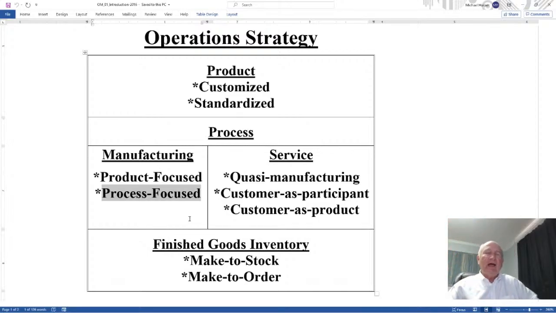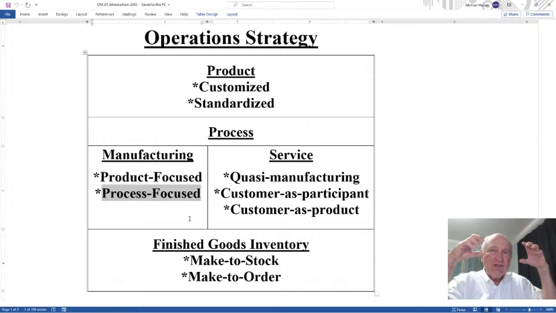In other words, you say, well, I can build these things, but I want to build not just a table. I want to build tables, I want to build chairs, I want to build picture frames, I want to build bookcases.